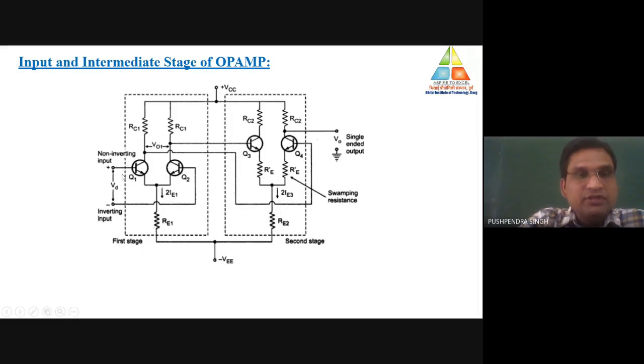Dual input, balanced output differential amplifier. The basic purpose of this stage is to provide amplification in the circuit, and to produce high input impedance to avoid loading the source. Also, at the same time, it should provide 0 or minimum output impedance. So this is the basic requirement of the first stage.